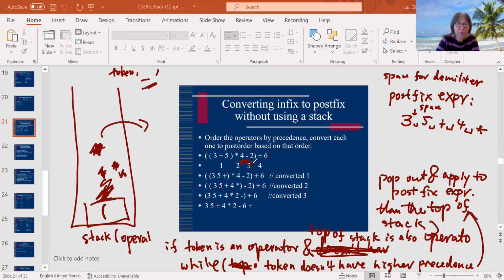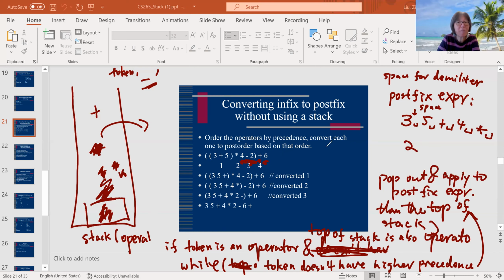Then you continue scanning. The next one is 2. If it's a number, you apply it to postfix. And the next one is a right parenthesis. If it's a right parenthesis, you pop everything out until you see the left parenthesis. Next is a plus sign, an addition operation, and the stack is empty, so you just push it to the stack.